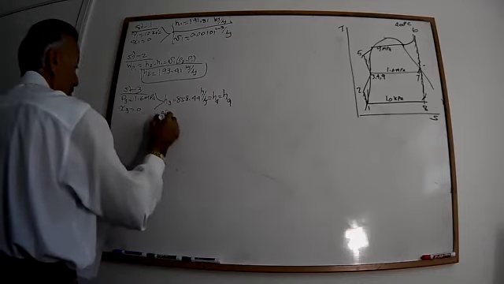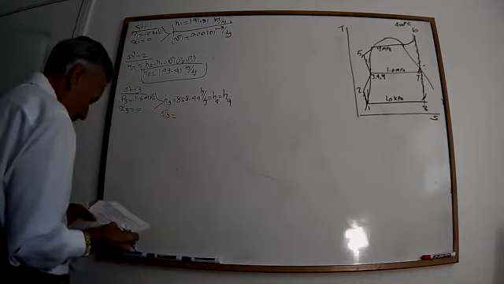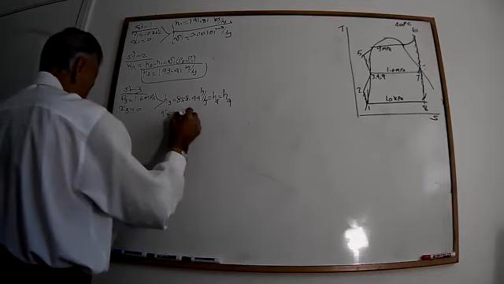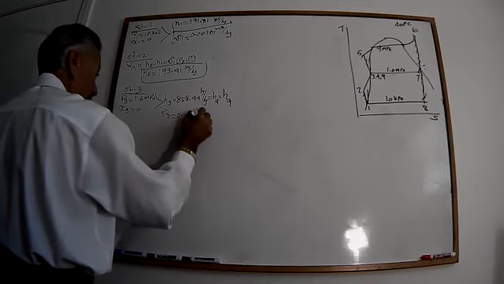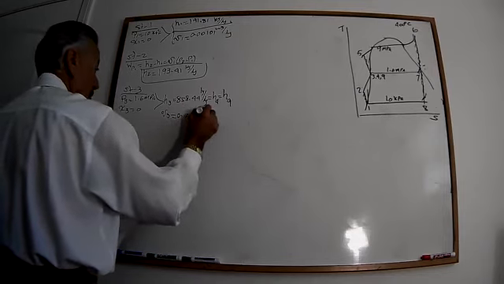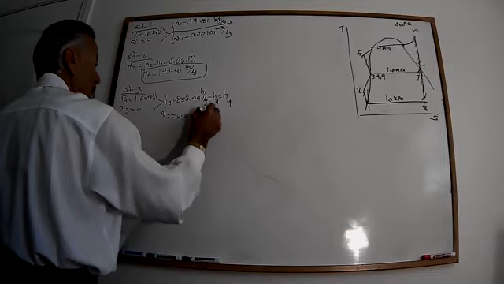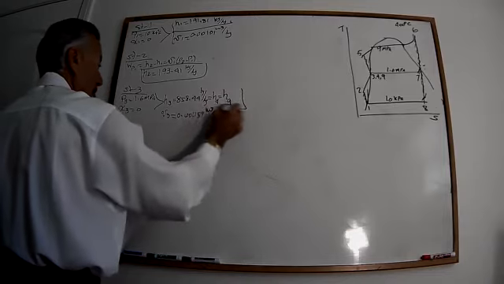And V3 becomes 0.001159 meter cubic per kilogram.